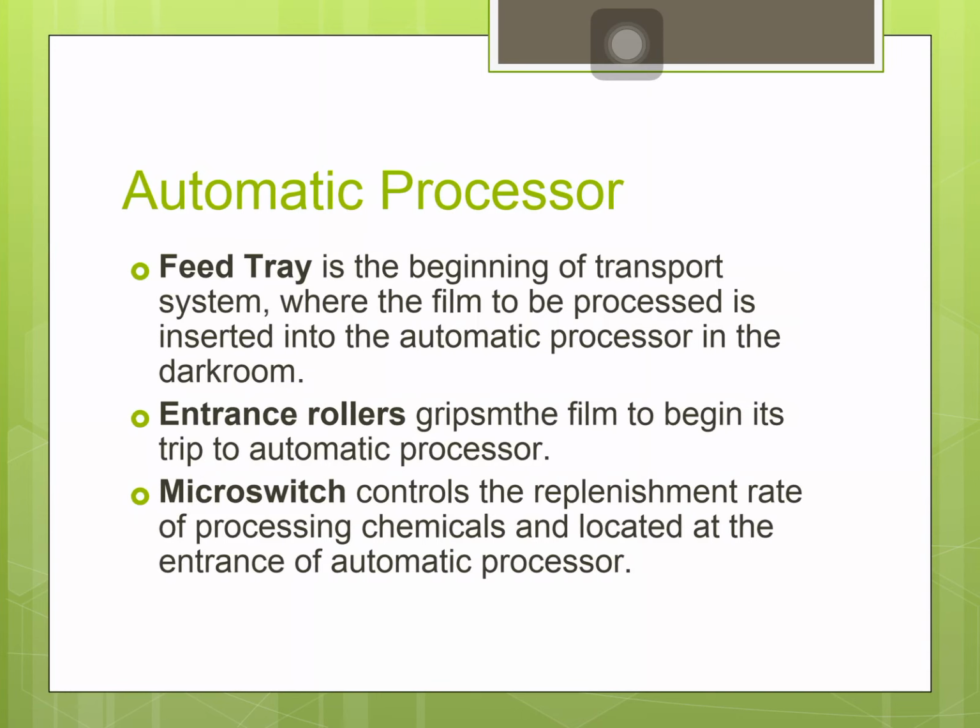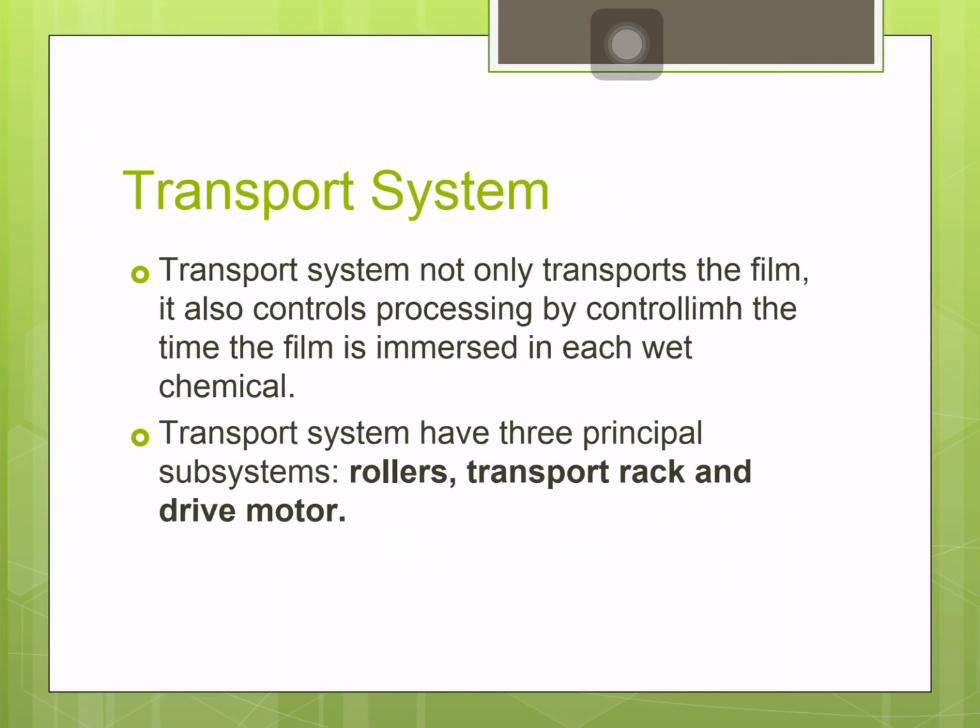Kasi kapag naging stagnant yung ating mga chemicals, nagkakaroon ng pagbabago sa kanyang activity. So, therefore, kailangan natin ng microswitch para mag-replenish yung mga chemicals sa loob. Umikot, mag-restock para hindi mabago yung activity ng ating chemical solutions.